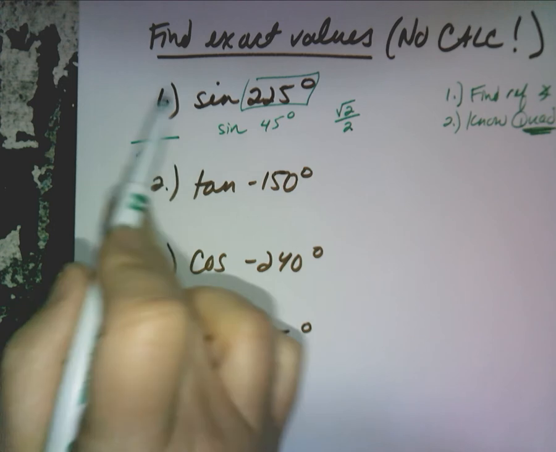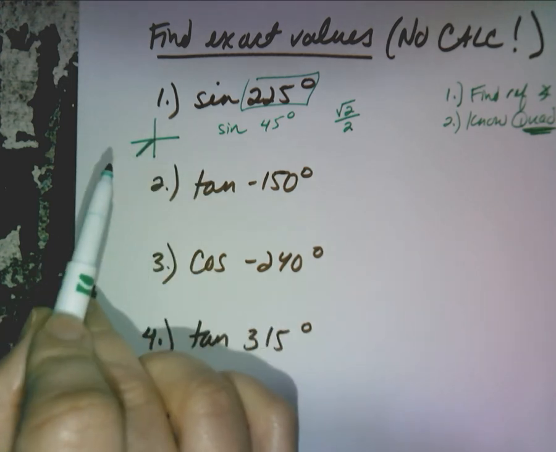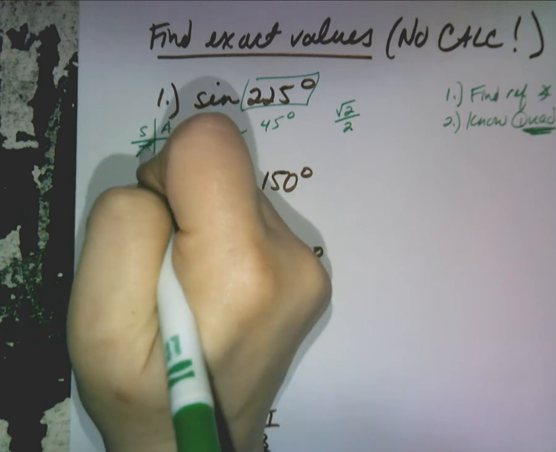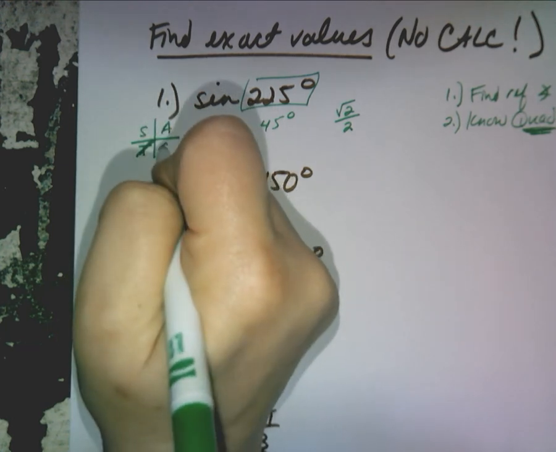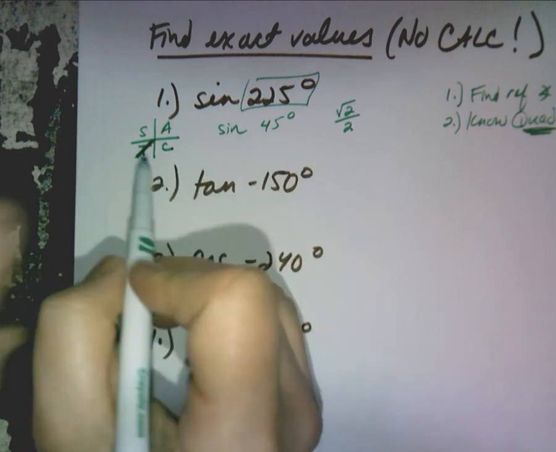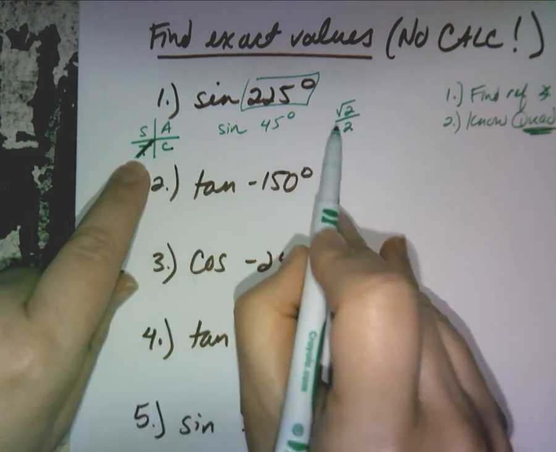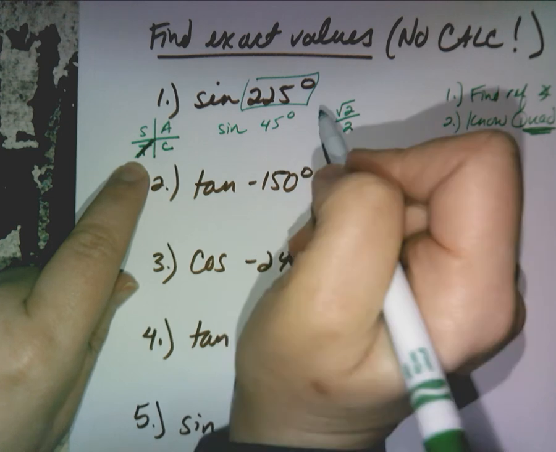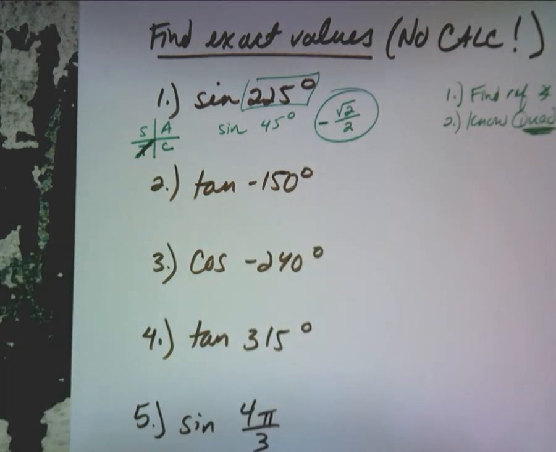What's that little famous phrase we use to know our signs? All Students Take Calculus. If I land in this quadrant, the only thing that's allowed to be positive is tan. This is sine. So should it be positive or negative? There's your answer. Done. That seemed long, but I promise you, you'll get faster as we do this more and more.